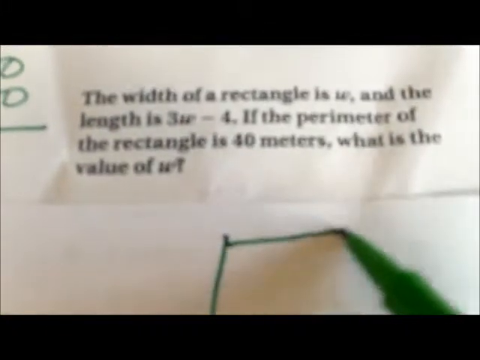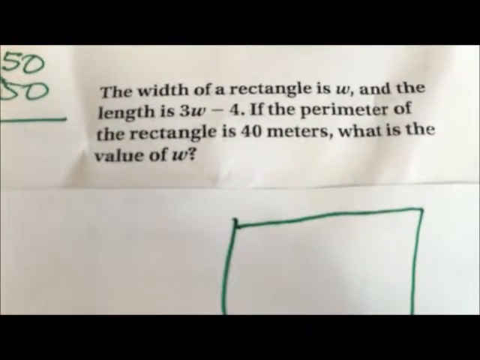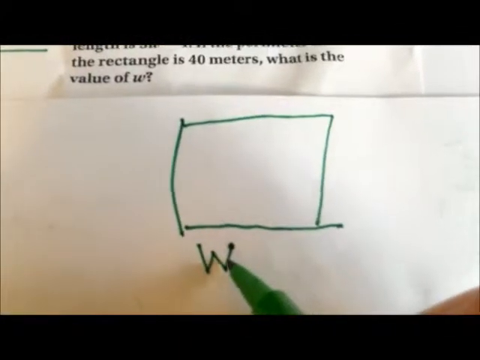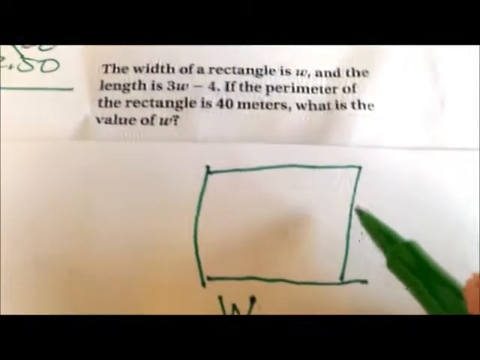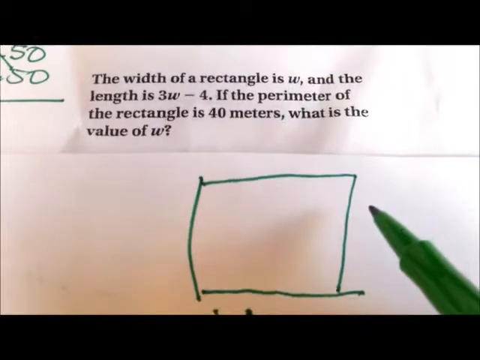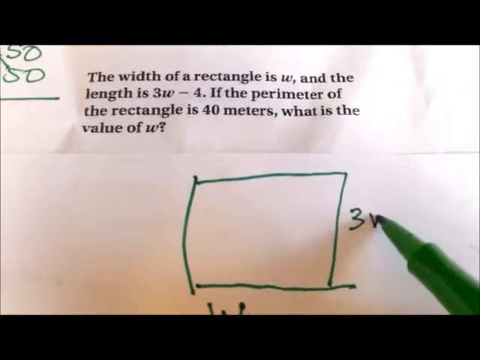Okay. The width of a rectangle is W, so I'm going to draw a rectangle. Just pretend like this is really a rectangle. And it says the width is W. Now, remember I told you it doesn't matter if you call this the width or this the width. It doesn't matter. And the length is 3W minus 4.